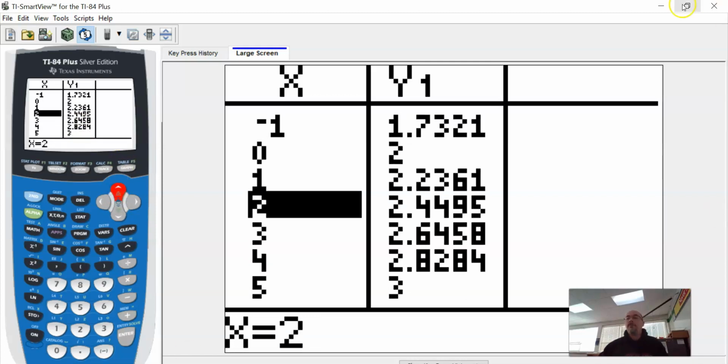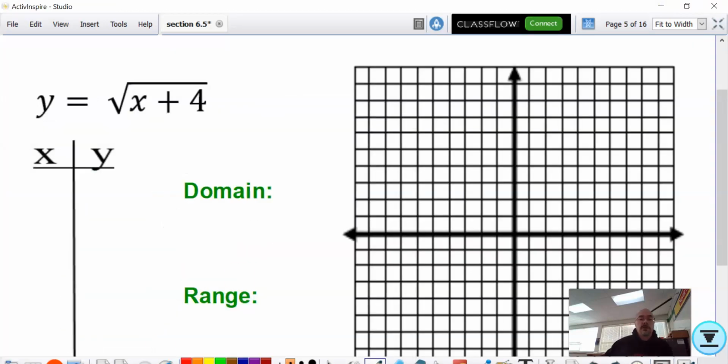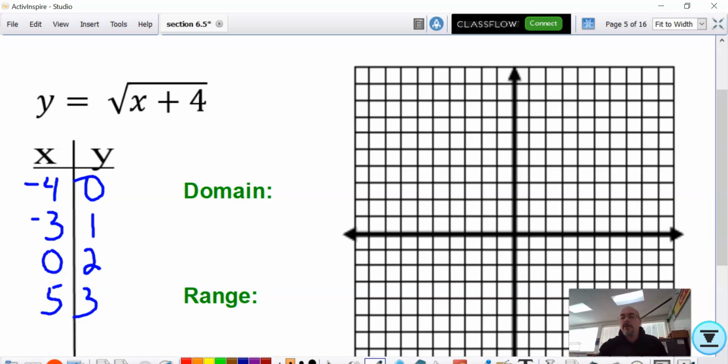Okay, so I'm going to go ahead and put those numbers on my table, ladies and gentlemen. So again, it was -4, 0, -3, 1, 0, 2, 5, 3. All right, now I'm going to graph that. Left 4, up 0. Left 3, up 1.